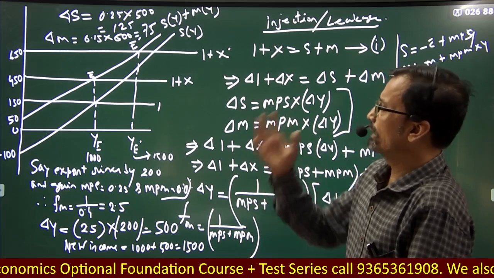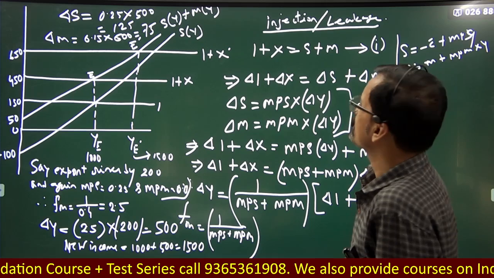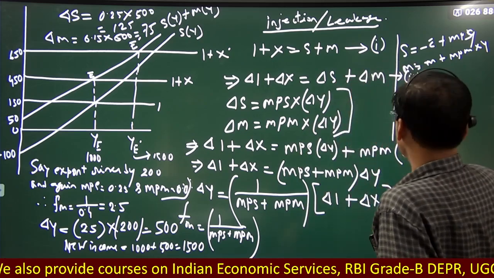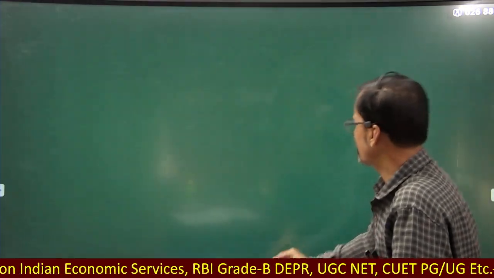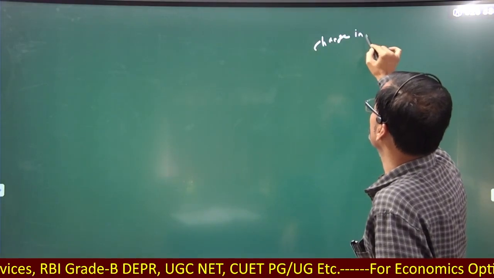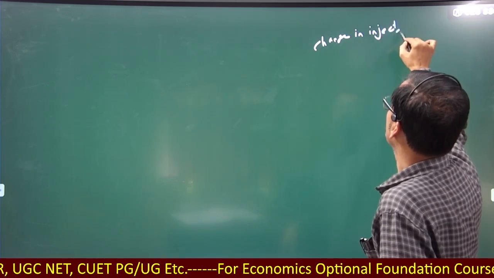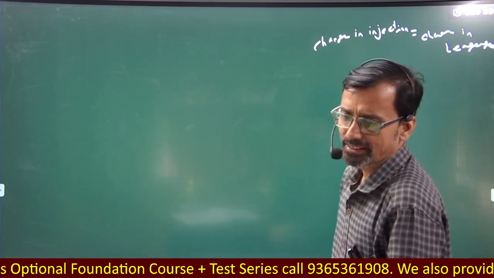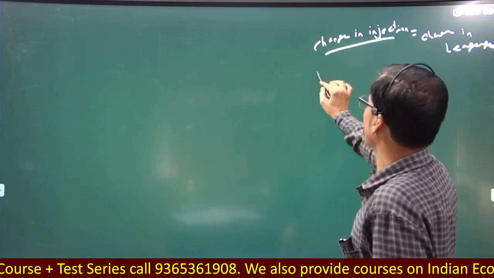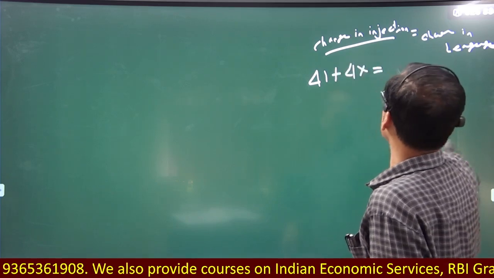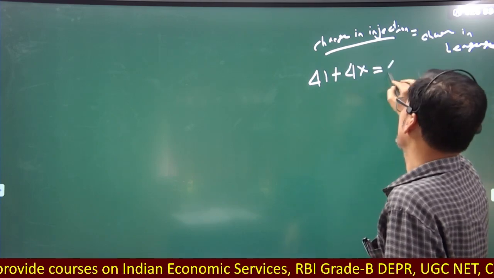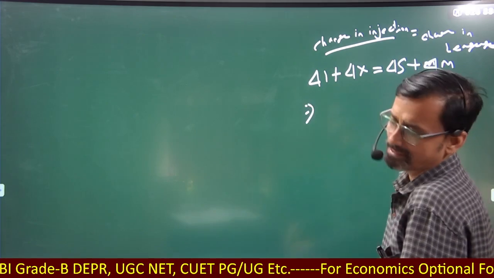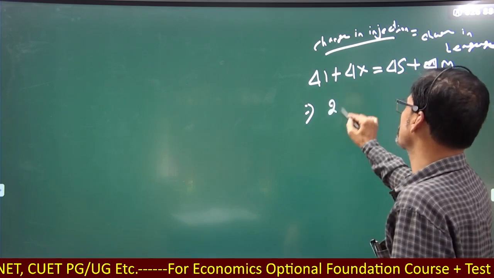Increased income also brings about an increase in savings as well as imports. So the change in injection equals the change in leakage. The change in injection is delta I plus delta X, which equals the change in leakage, that is, delta saving plus delta import, delta M. In this particular case, the change in injection is 200.